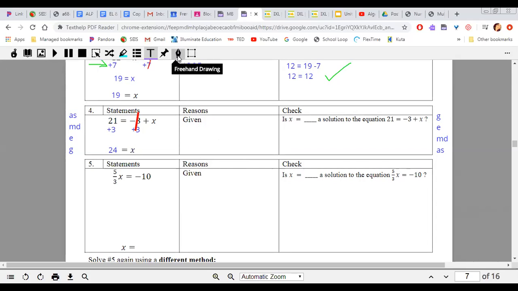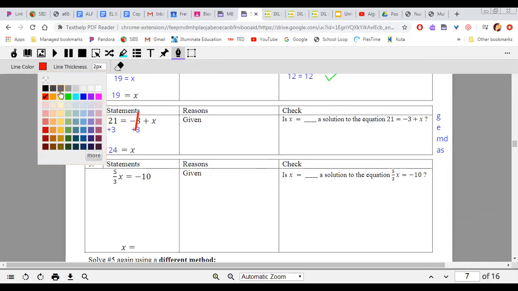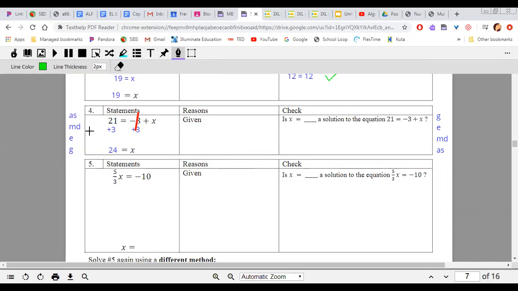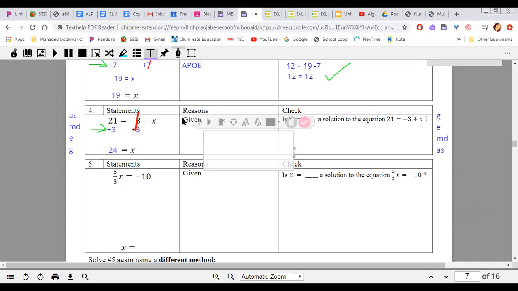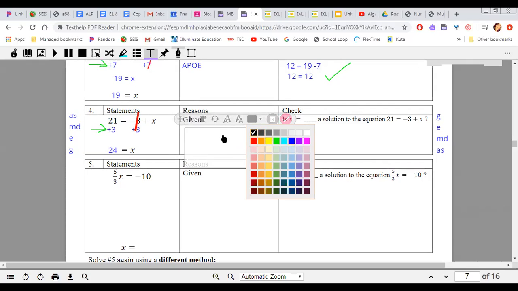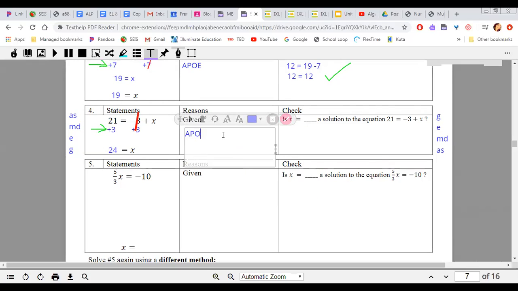Now I want to look at what I did, right? So what did I do to this problem? Add. So what do I write over in the given? APOE. Correct. And does anyone remember what APOE stands for? A is addition.